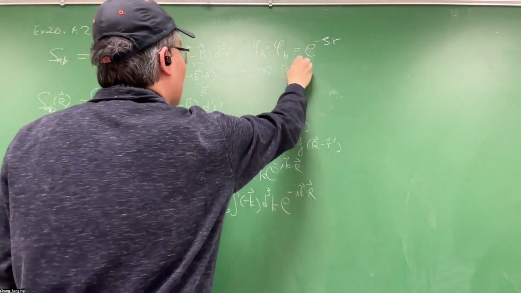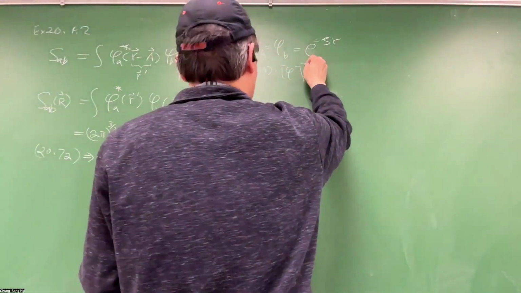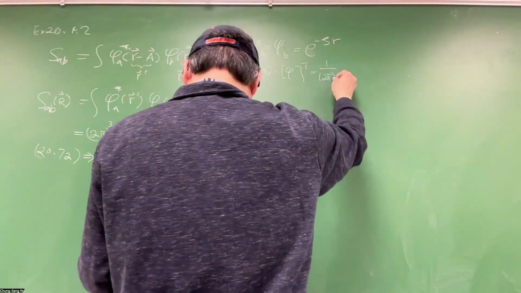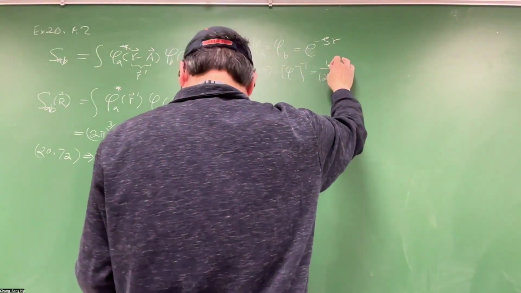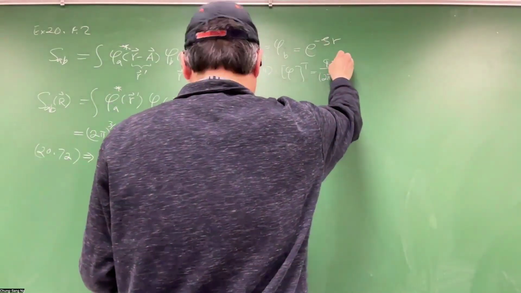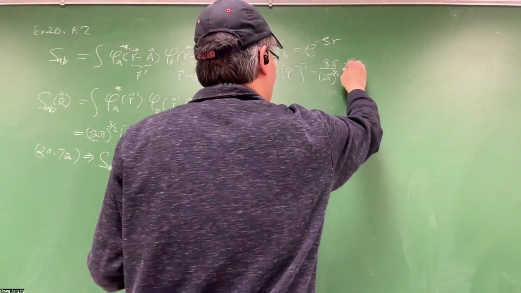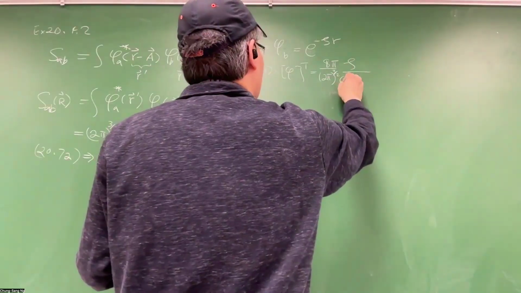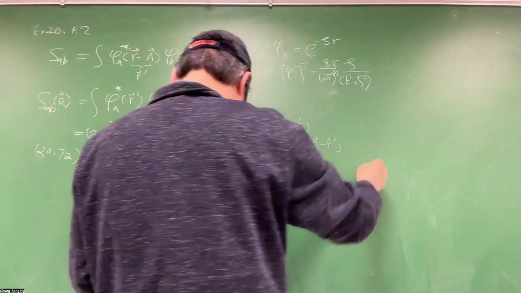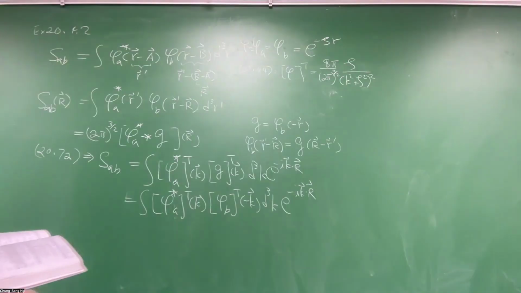So phi is either phi A or phi B. The transform is 1 over this vector, there's an 8 pi, and z is a theta, and k squared, theta squared.